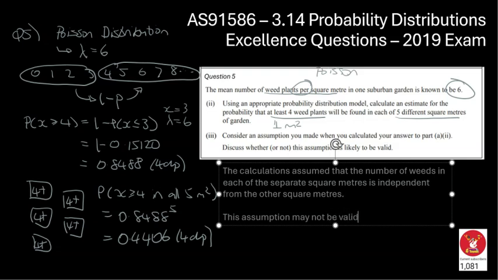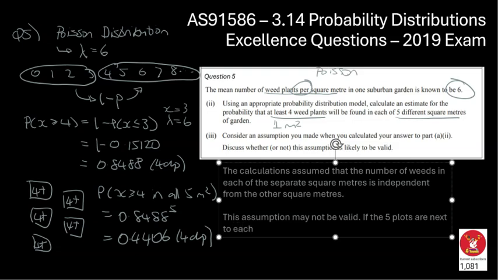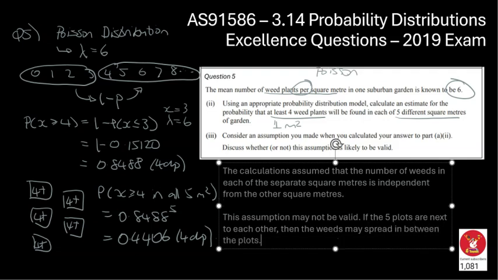And noticing valid, I do this deliberately. They've used the word valid in the question, so I make a point of picking out those keywords and using them as part of my sentence as well. I'm trying to draw on what the question's asked. So it may not be valid if the 5 plots are next to each other, as we discussed, then the weeds may spread in between the plots.